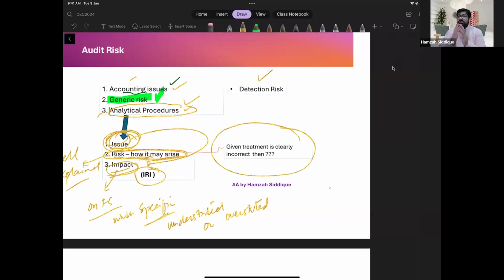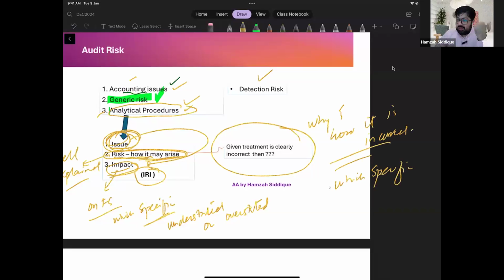Yes, you have to discuss the given accounting treatment: why and how it is incorrect. If some IFRS is wrongly applied, you have to give a reference to that accounting matter, what the IFRS says and how it is incorrect. And then you will tell which specific items are misstated, understated, or overstated.